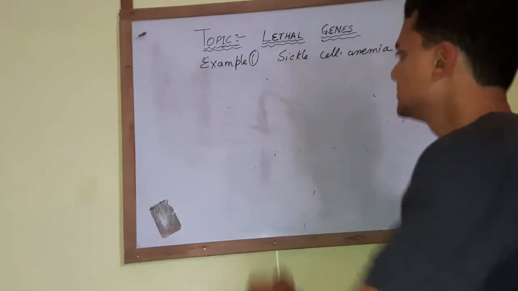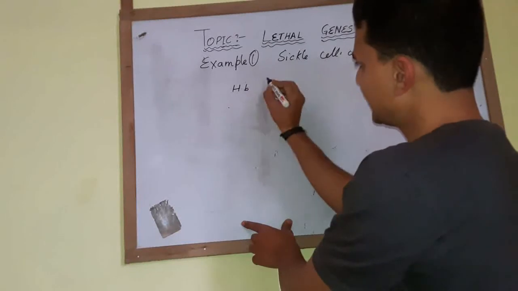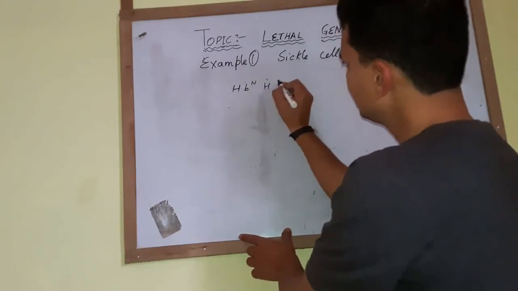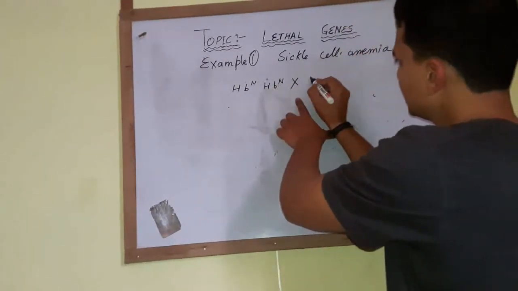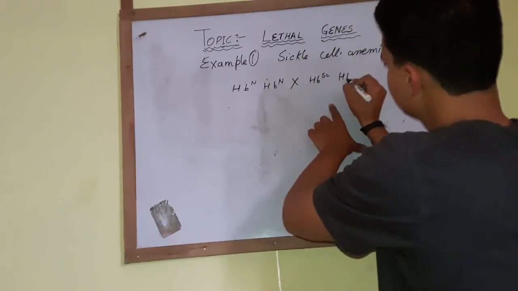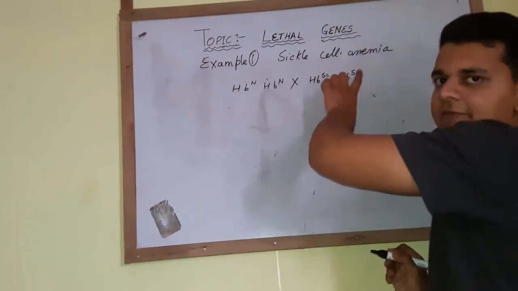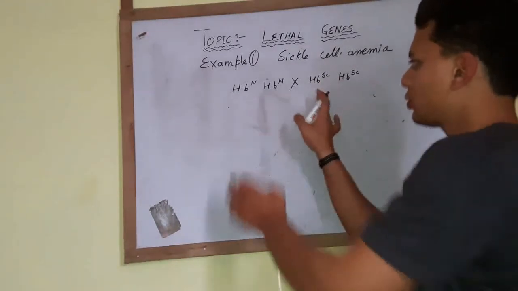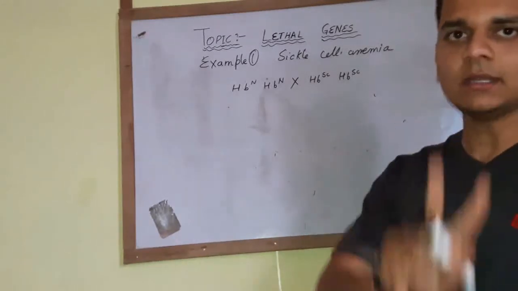It is a disease where there are two genotypes: hemoglobin normal, when crossed with hemoglobin sickle. These are lethal genes having the quality of sickle cell, and when they cross, what we will get is offspring.